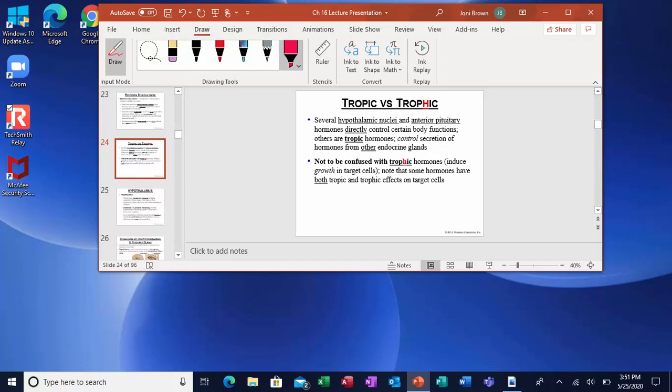That's tropic hormones. But then there are also trophic hormones, which cause growth in your target cells. And this would be like anterior pituitary hormones that cause growth, the growth hormone to be secreted. So that would be a trophic hormone. And sometimes hormones have tropic and trophic effects.